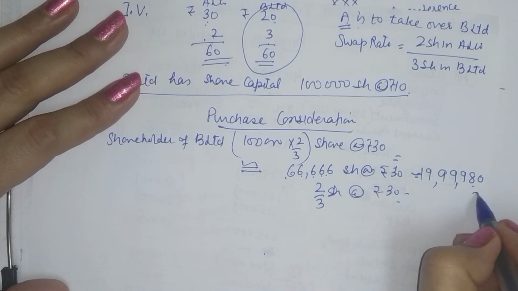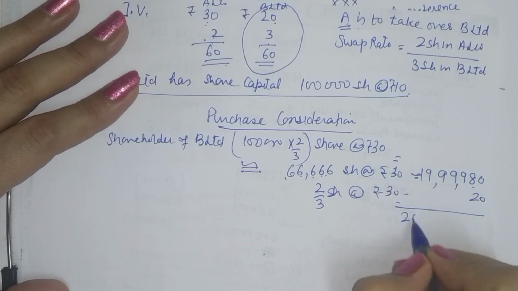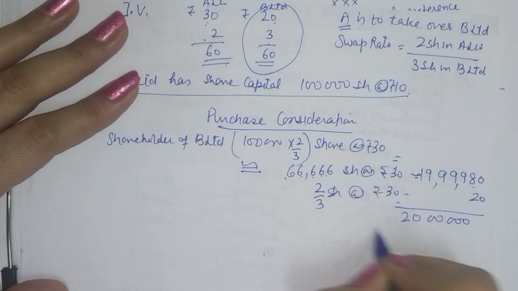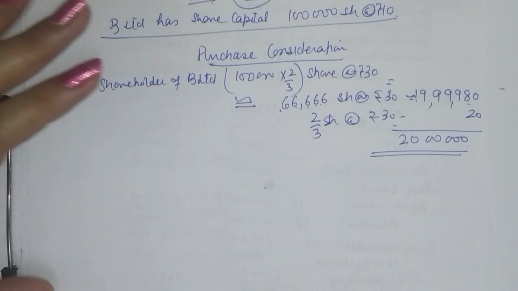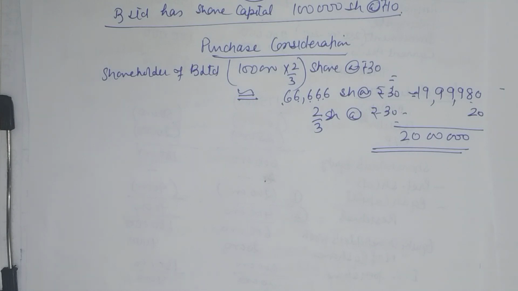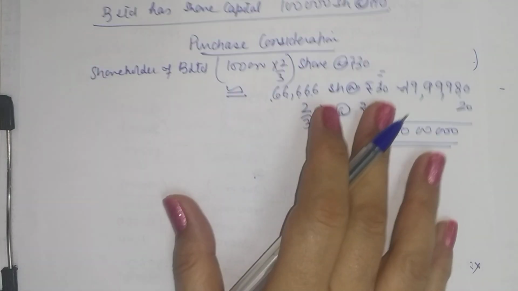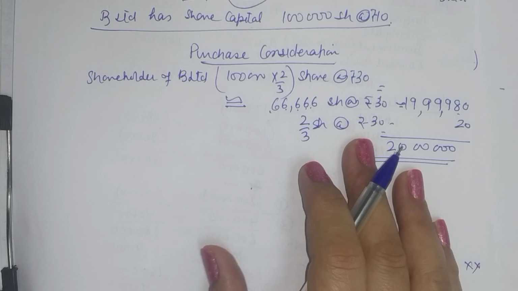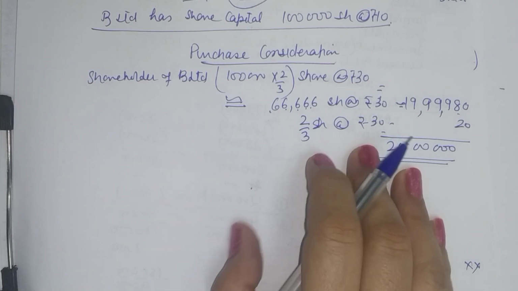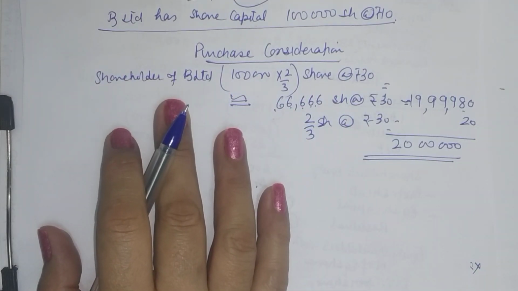So this is 20 rupees. So the total purchase consideration will be 20 lakh rupees. So this is how the purchase consideration may include cash when we have a fraction in the calculations. So cash may be there in the purchase consideration because of the swap ratio.